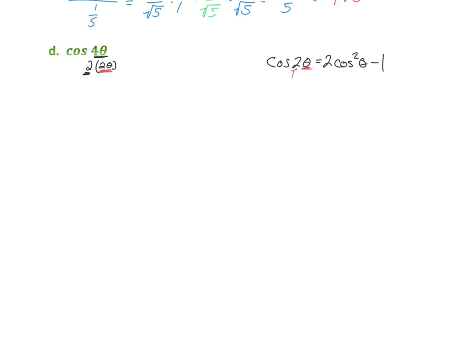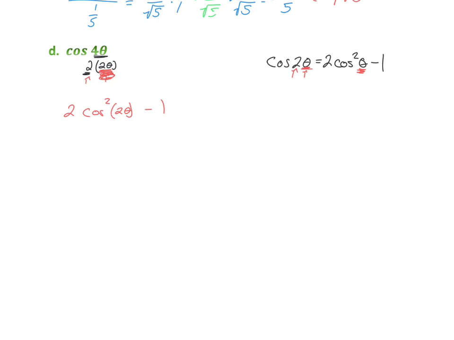We're doubling theta, but now we're doubling 2 theta. So when I use this formula, theta on this side is not going to be theta, but 2 theta. So writing it out, cosine of 4 theta becomes 2 cosine squared of 2 theta minus 1.